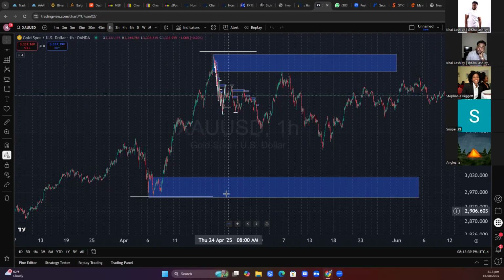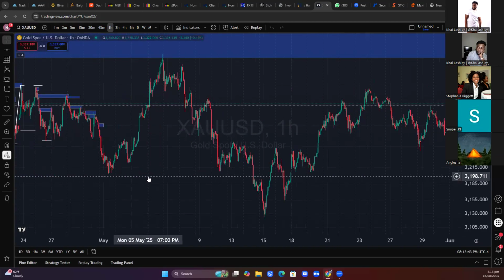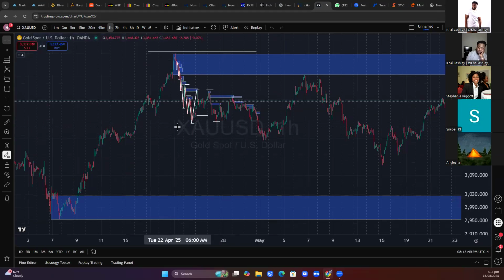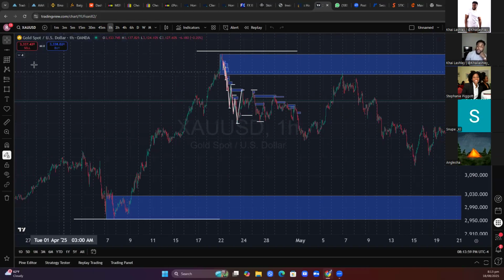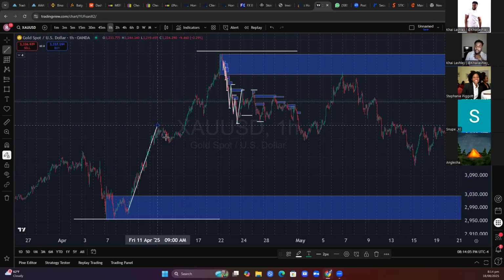Now, what you would do, let me show you this. From any area that was previously low, for example, we had price come up, consolidated here for a bit, then created this low, and then pushed and created this high.